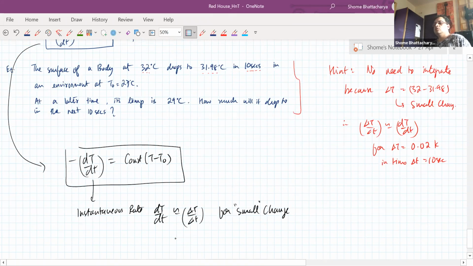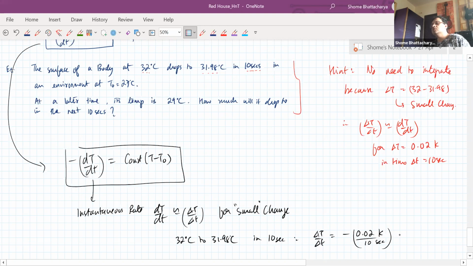Okay, so 32 degrees C to 31.98 degrees C in 10 seconds. That is a temperature change of minus 0.02 Kelvin per 10 seconds.